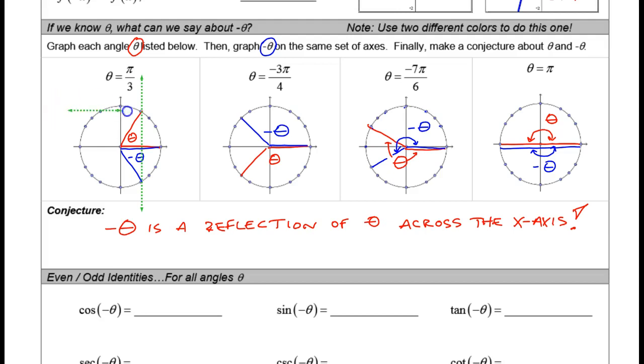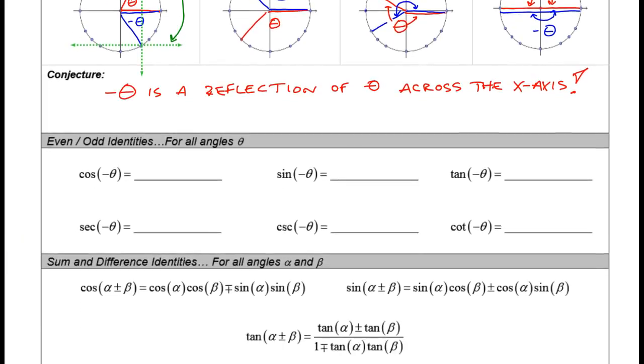But the y-coordinate does change. If the y-coordinate was positive, it becomes negative. If the y-coordinate was negative, it becomes positive. So this line right here shows that if you reflect across the x-axis, the y-coordinate changes, the x-coordinate does not.